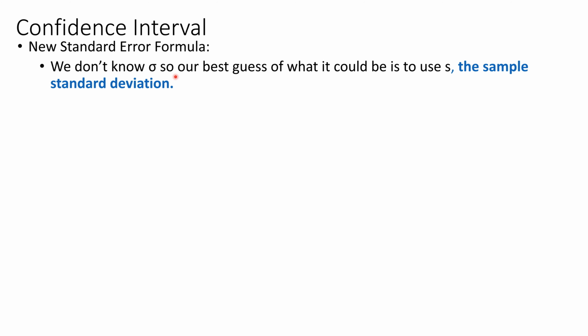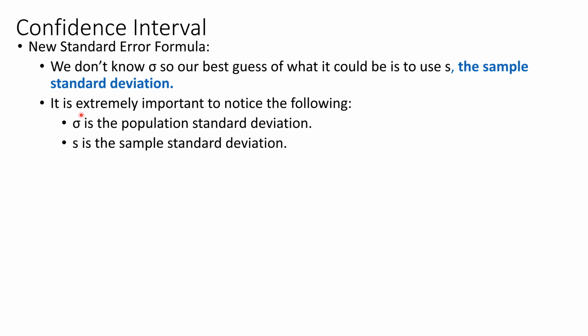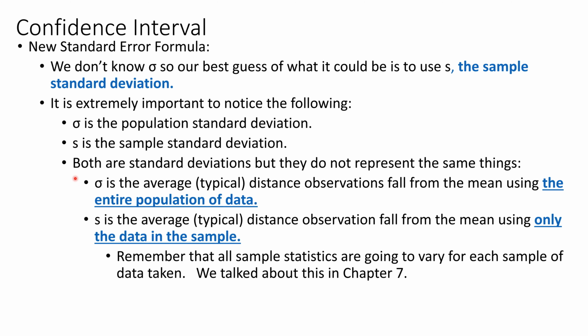We don't know sigma, so our best guess of what it could be is to use S, the sample standard deviation. It is extremely important to notice the following. Sigma is the population standard deviation. S is the sample standard deviation. Both of them are standard deviations, but they do not represent the same things.